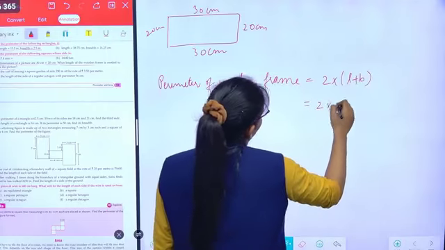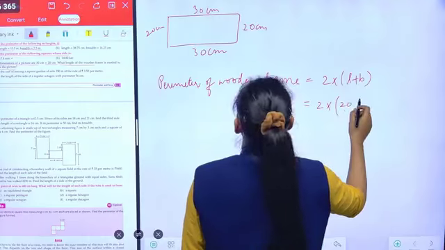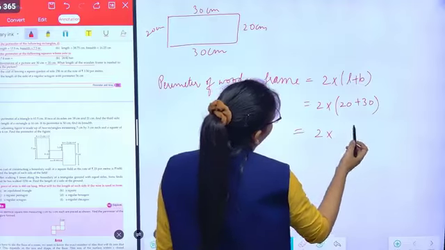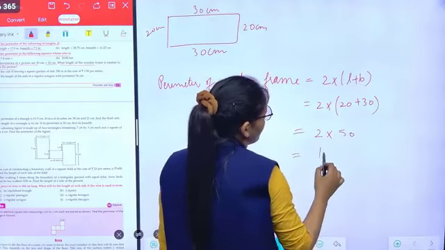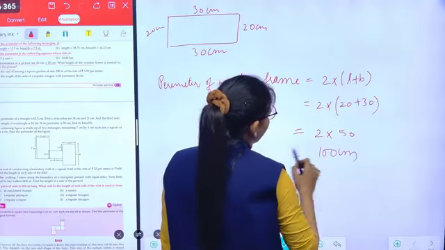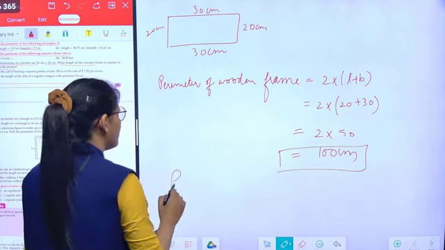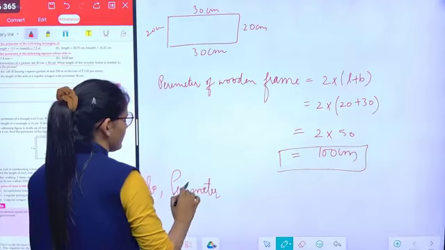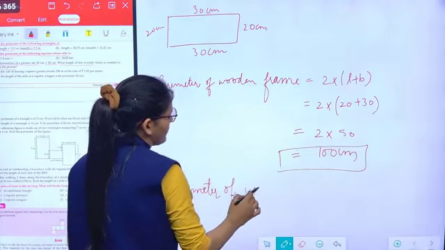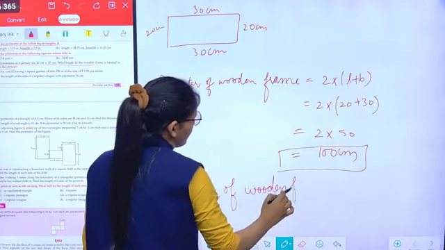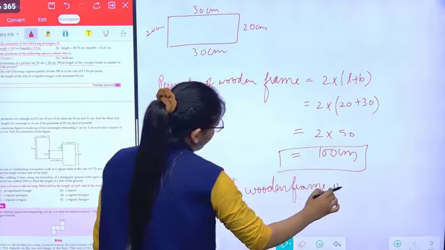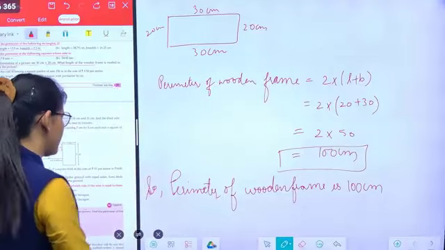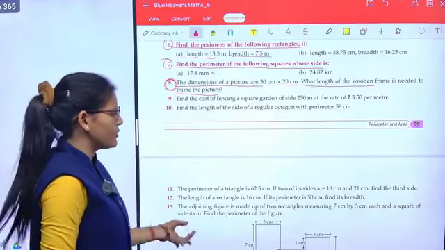So class, 2 multiply 20 plus 30, that is 50. Now that is 100 centimeter. So perimeter of wooden frame is 100 centimeter. Okay class. Now class, rest of the parts do yourself.